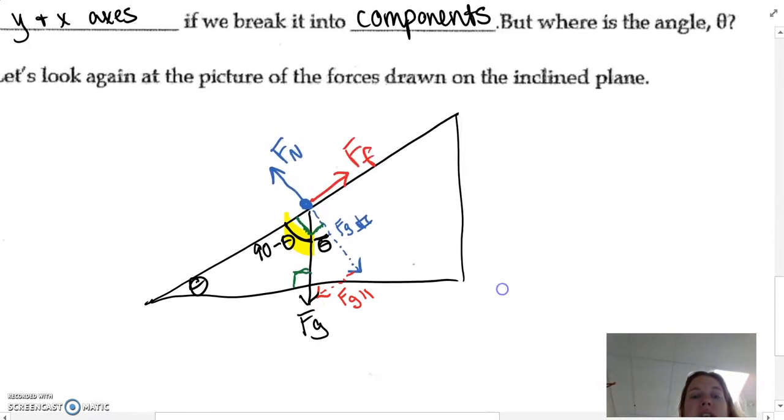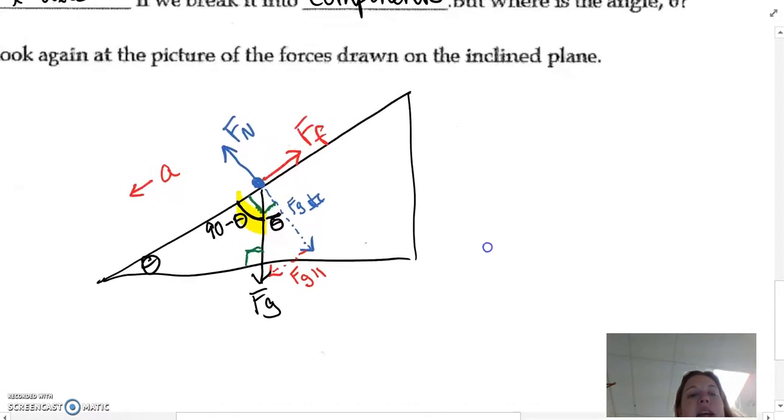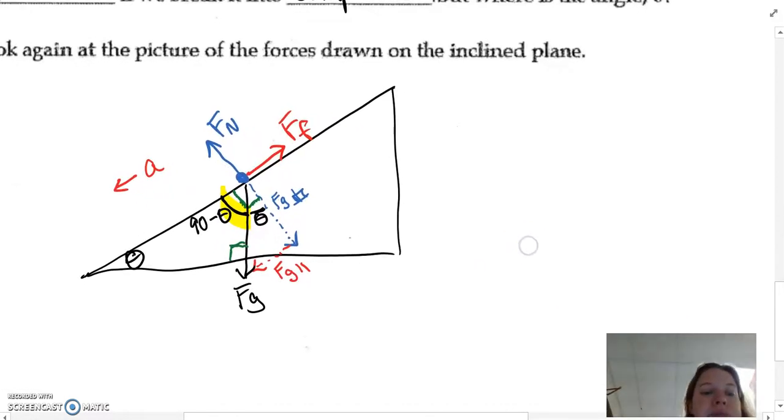And we're interested in a coordinate system that's parallel to the plane of the slope because this is the direction that the object will accelerate in. So really this is the main direction that we're interested in decomposing our vectors into, or directions aligned with that, because that's the direction of acceleration.